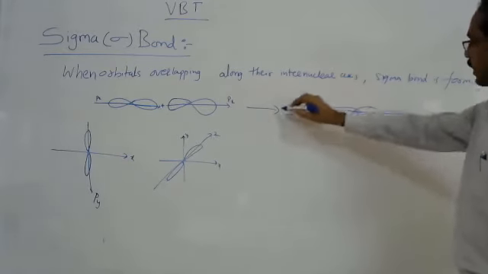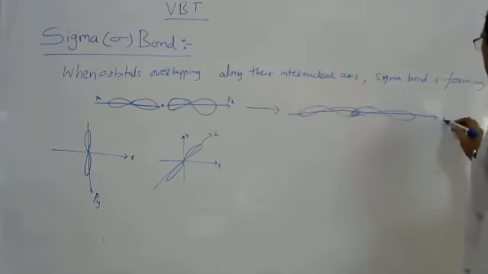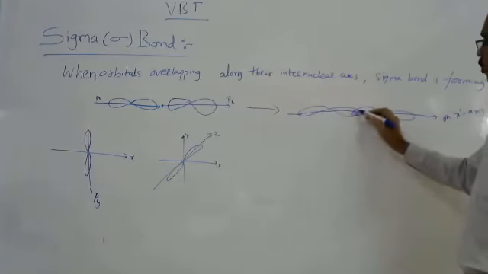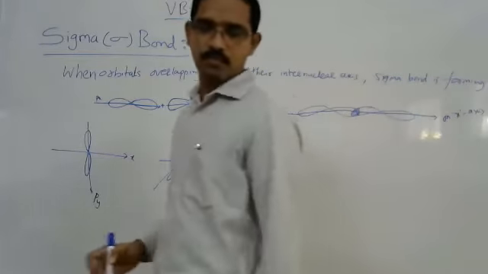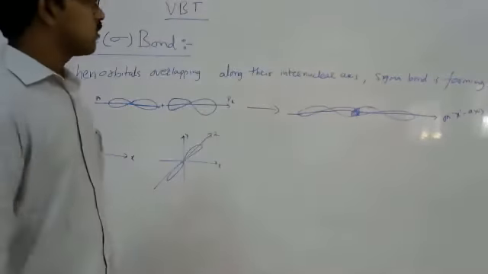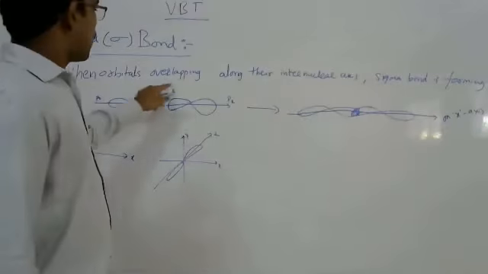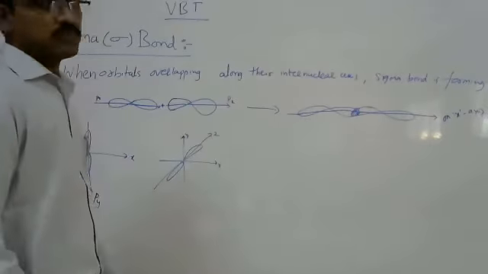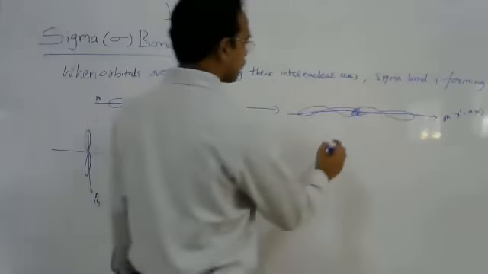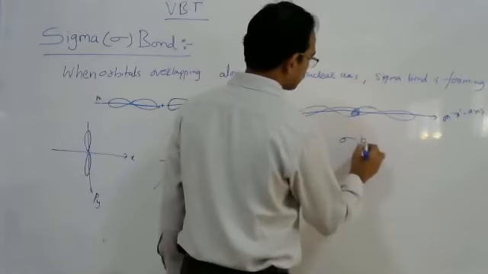It is one axis is there on x axis. ये overlapping हो गए. So in this case, sigma bond is forming. When orbitals overlapping along their internuclear axis, the sigma bond is forming. Therefore, this one is the sigma bond.